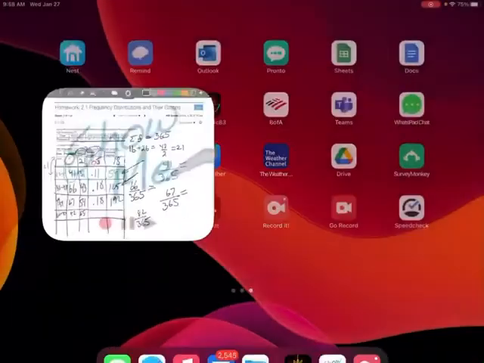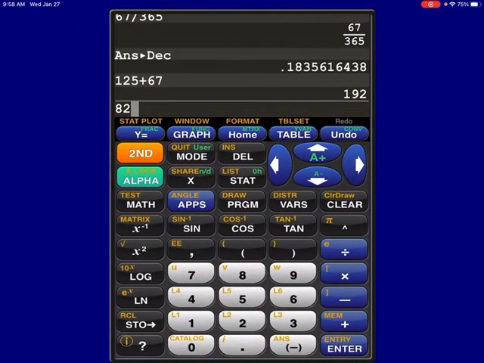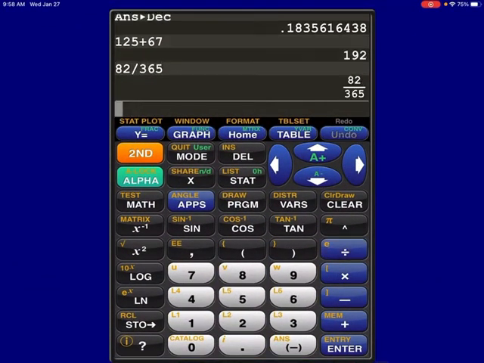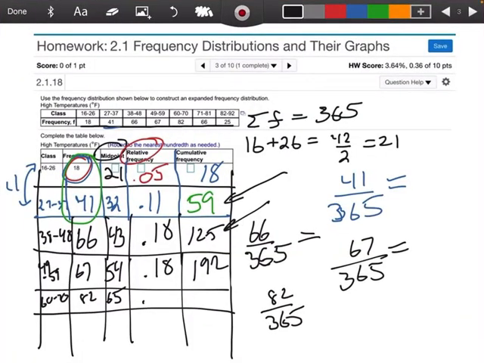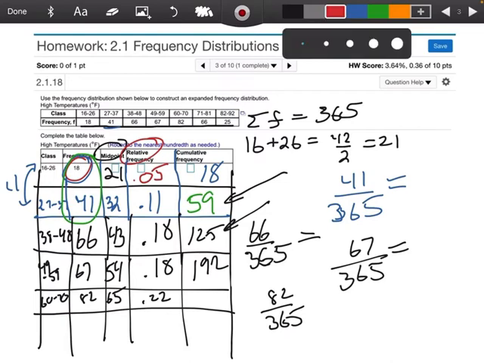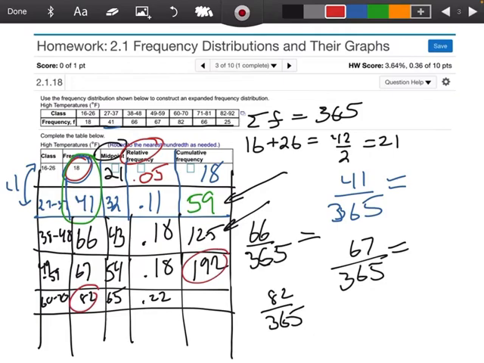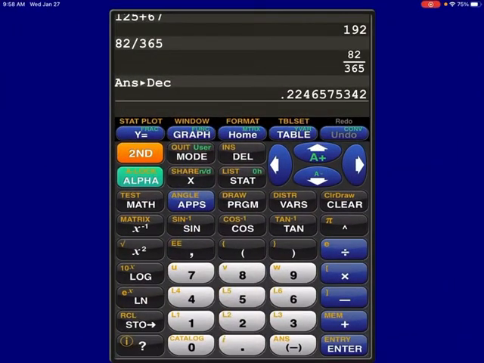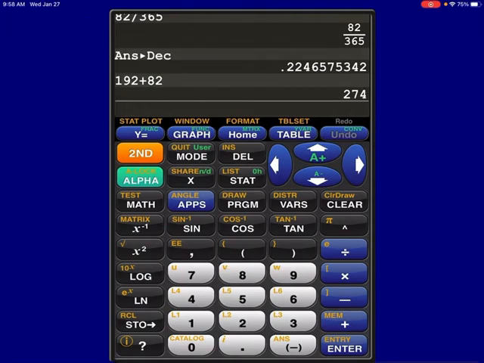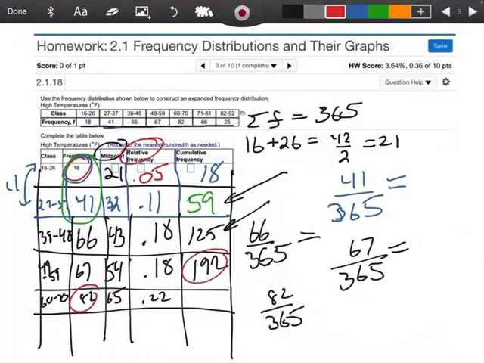Make that into a decimal, 0.22. And now add 82 to 192 to get my cumulative. 192 plus 82 is 274.